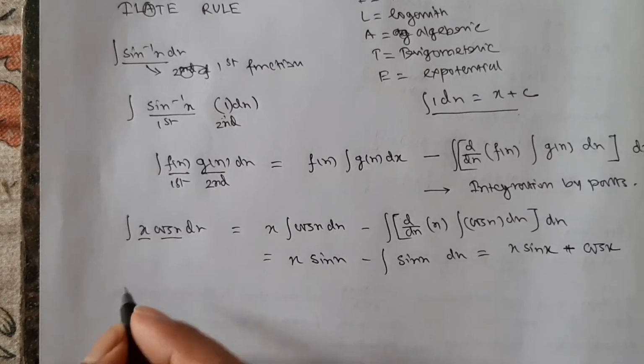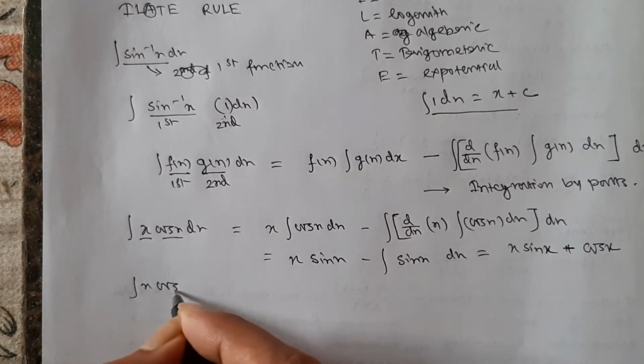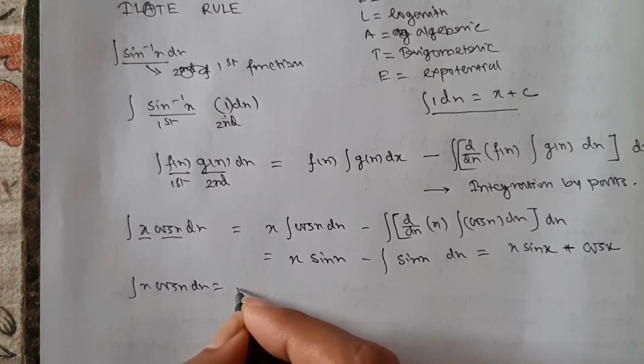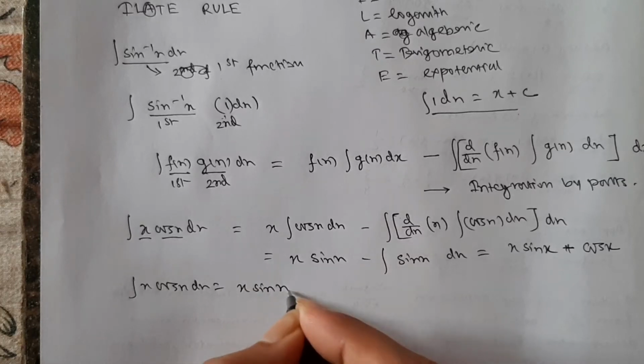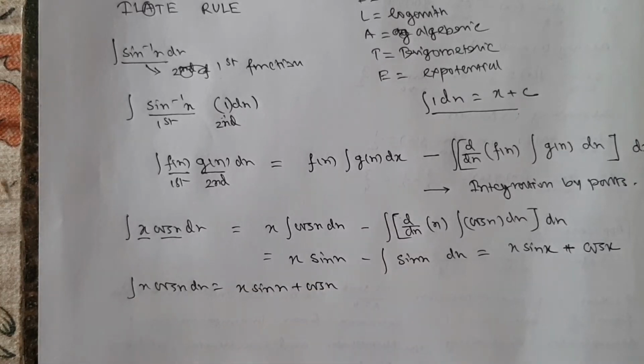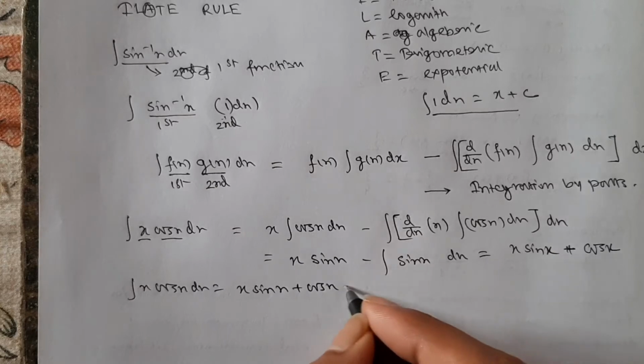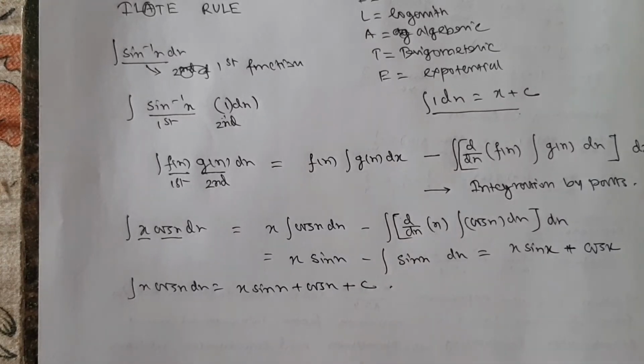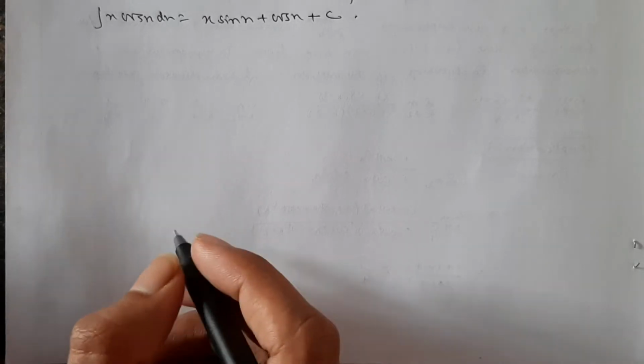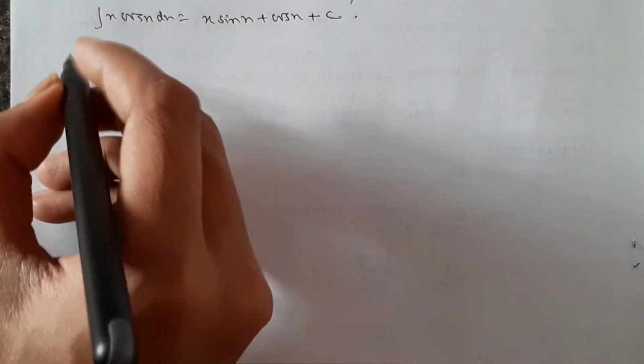Okay, so the integral of x cos x dx is equal to x sin x plus cos x plus c. Okay, so we have a question: where should we use the integration by parts rule?